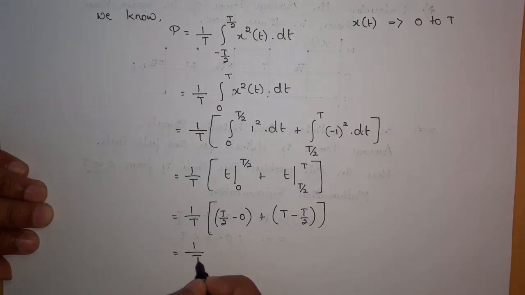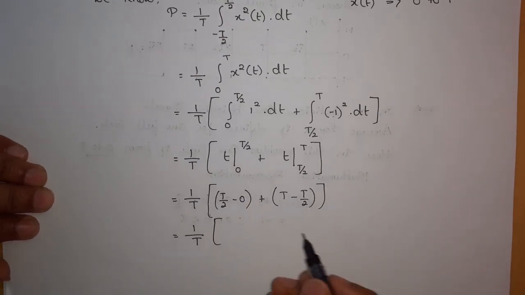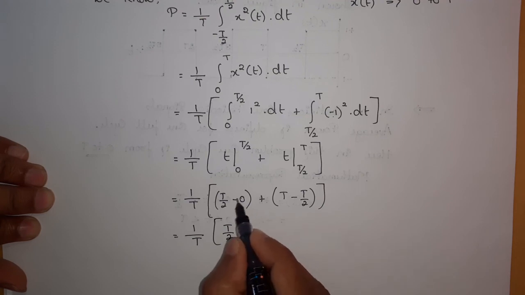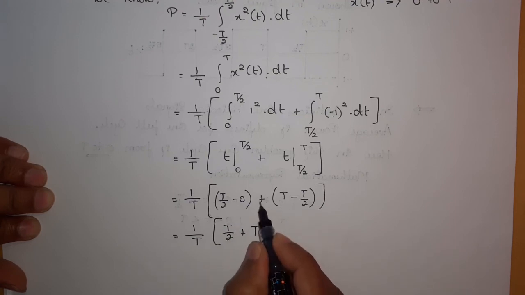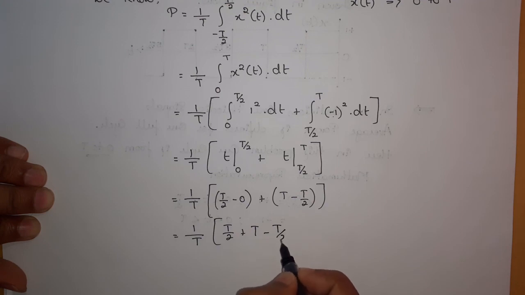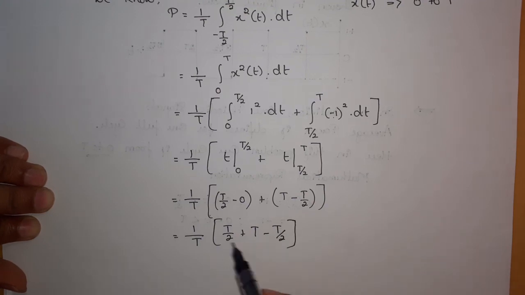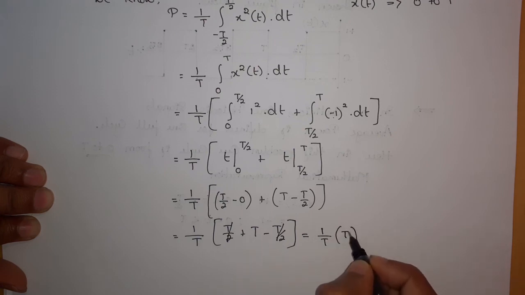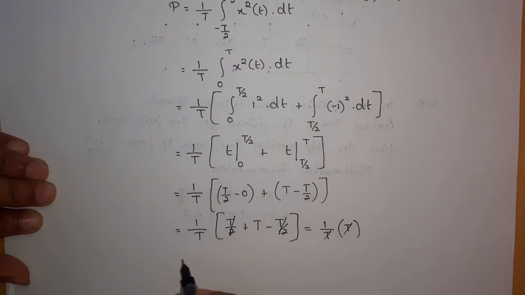On resolving, 1 by T, T by 2 plus 0, we neglect the 0 part, plus T minus T by 2. T by 2 and T by 2 cancel. We are left with 1 by T, within the bracket we have T. T cancels. Therefore the answer is 1.